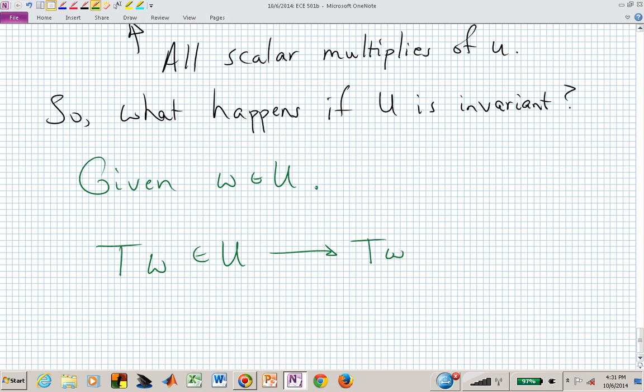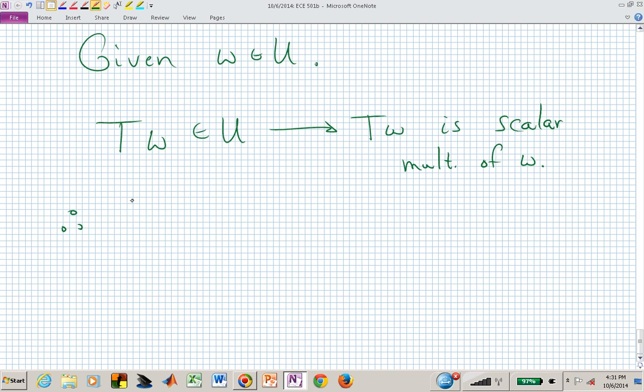So now Tw, so far all we are saying is that it's a scalar multiple of w, which we could write Tw then as lambda w, where since Tw is a scalar multiple of w, then lambda is some scalar in our field of numbers.